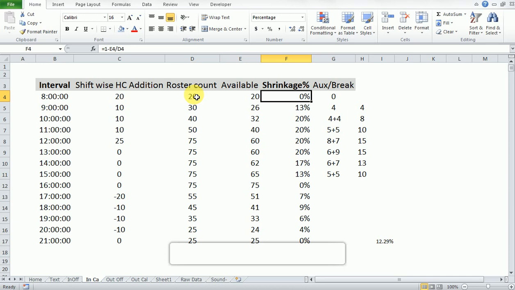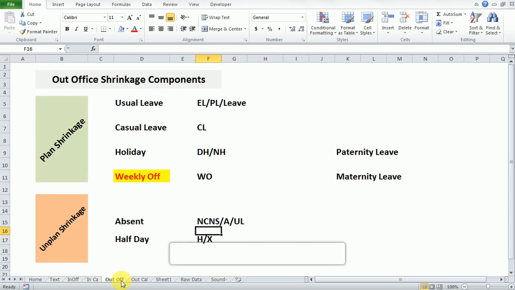calculation. Now we move to out of shrinkage. So what is the component for out of shrinkage? There are two types of shrinkage: planned shrinkage and unplanned shrinkage. In planned shrinkage, we consider the usual leaves, like in some companies it is called EL, earned leave, PL, paid leaves, or general leaves. Casual leave, CL.